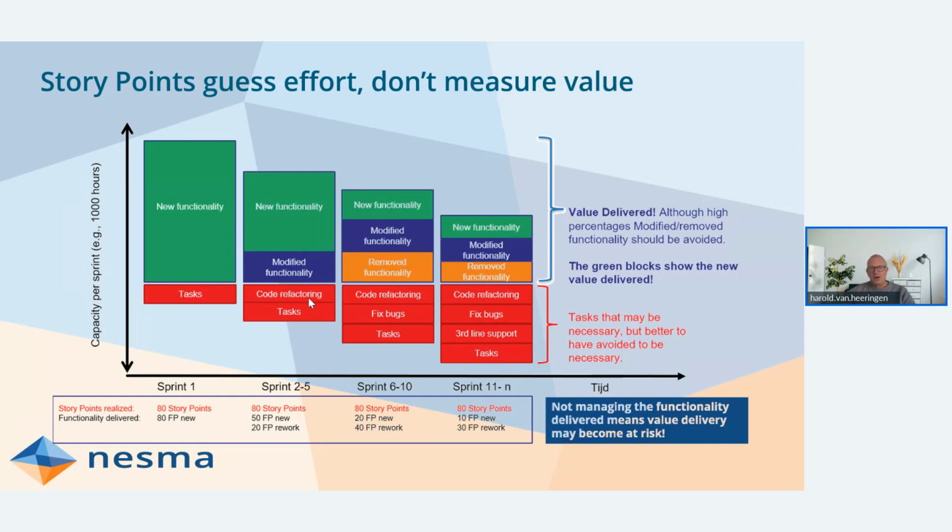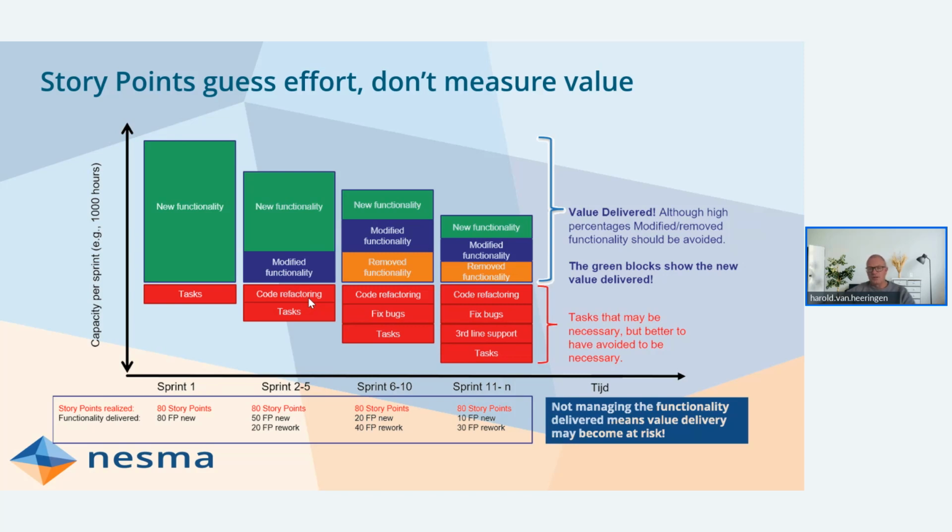If you look at this, you see that through time, less and less capacity is spent on new functionality, modified functionality especially. And more time is spent on tasks that have to be done, but it would have been better to prevent them. Code refactoring, okay, if you have technical debt, your code is not good, you have to refactor it.